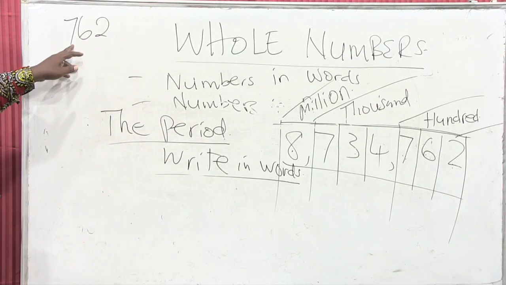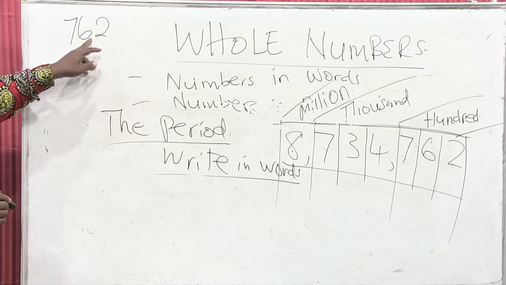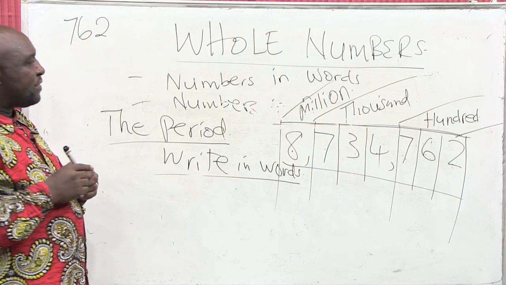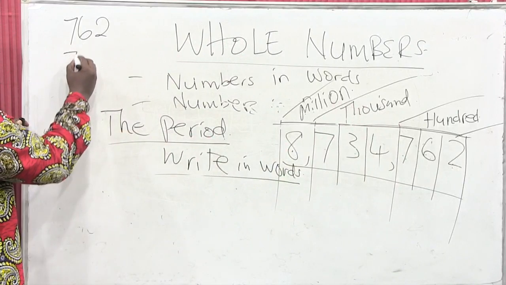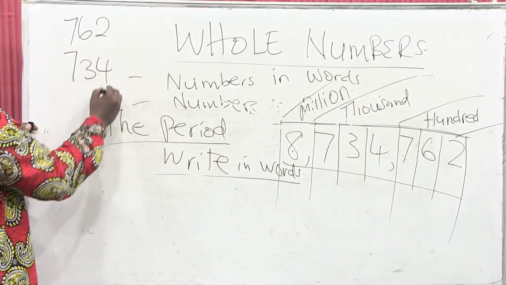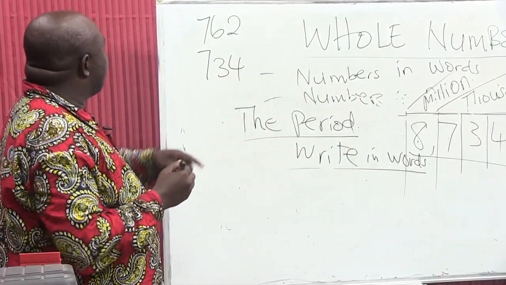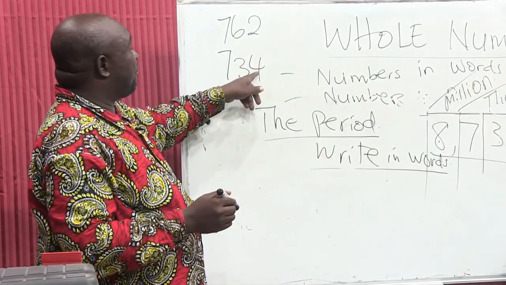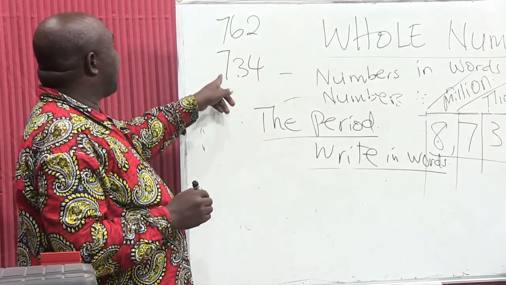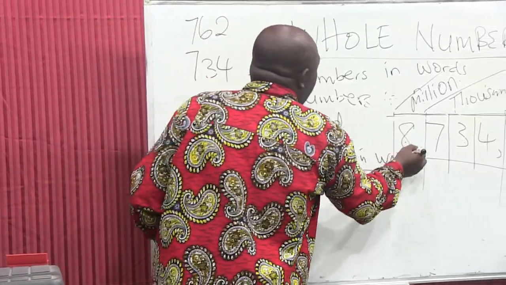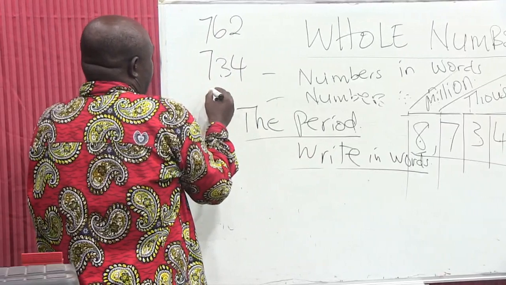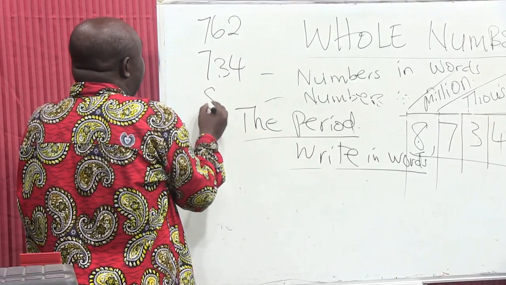So this reads 762. In the thousand period, we have 7, 3, 4. You read 734. And in the millions, we have 8.